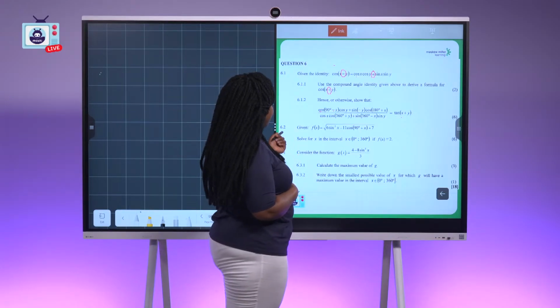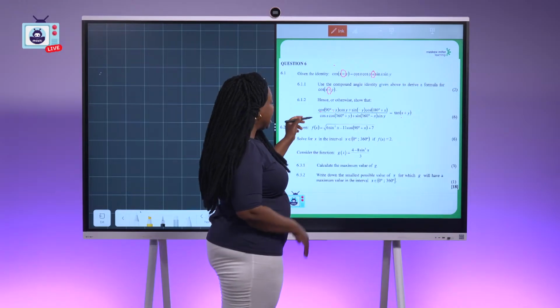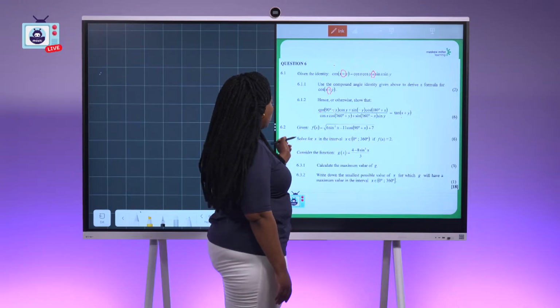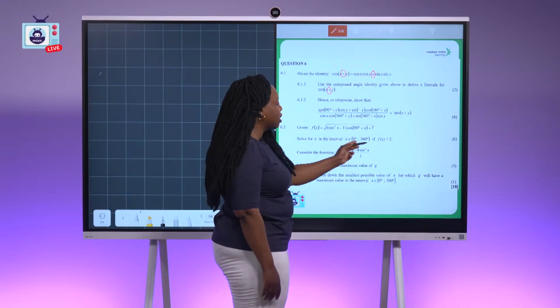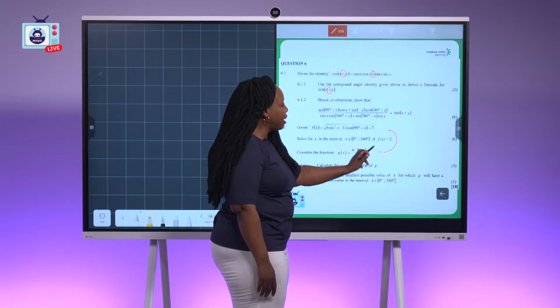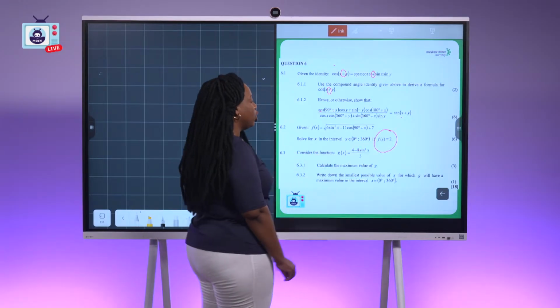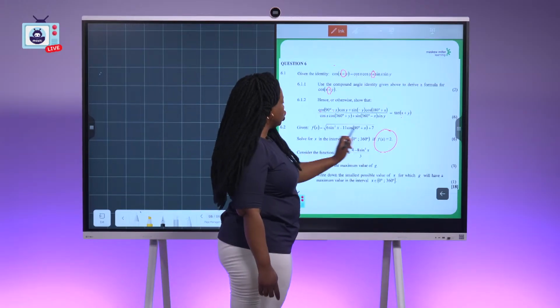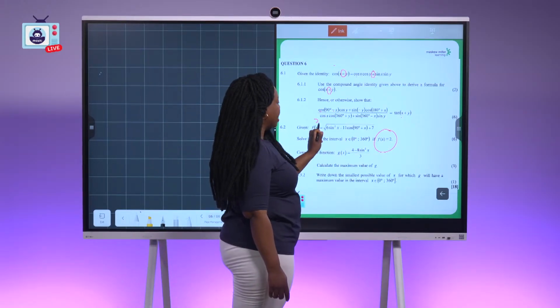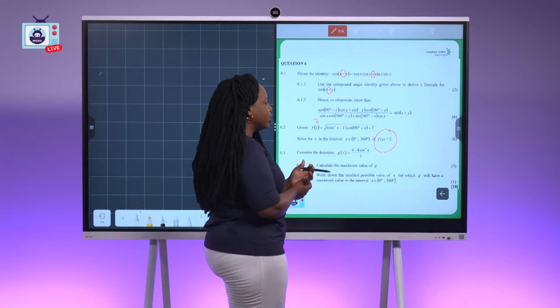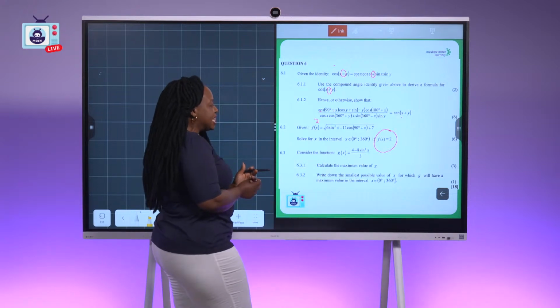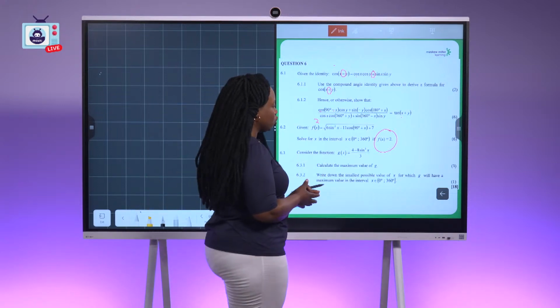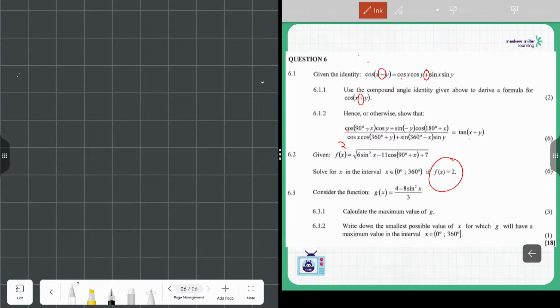Here as well, the 6.2, you are given an equation that they want you to just solve for x, and they've given you an interval. Also bear in mind that they've given you the value of f of x, which is y. So what you need to do is substitute that by 2, and then you put a square on both sides to remove the square root. Then you'll get your equation in a proper way.